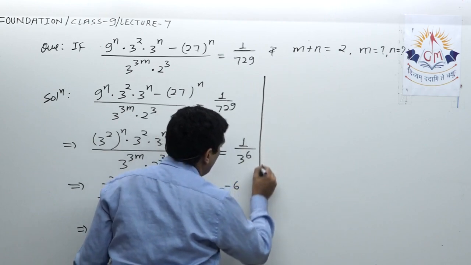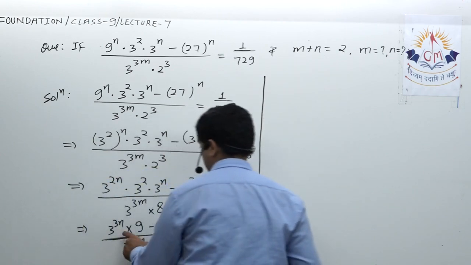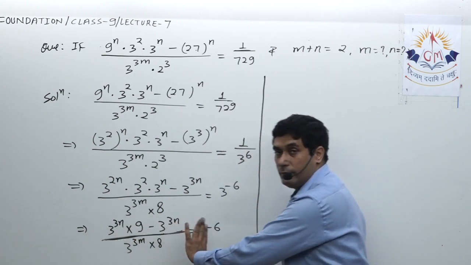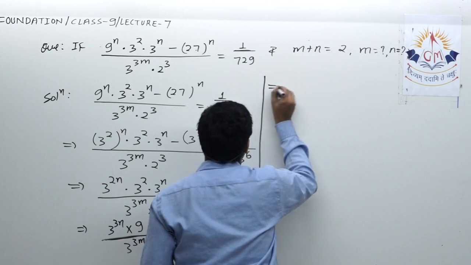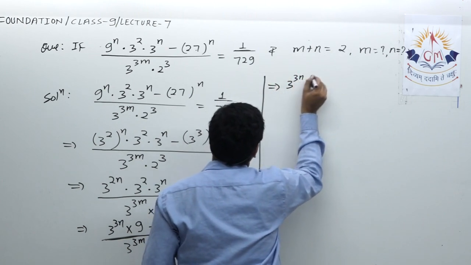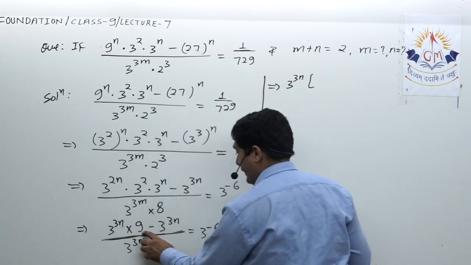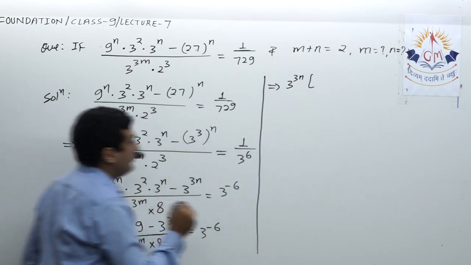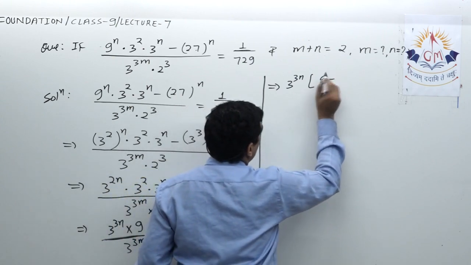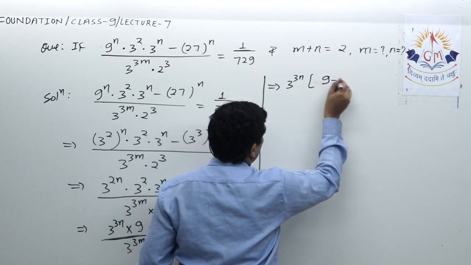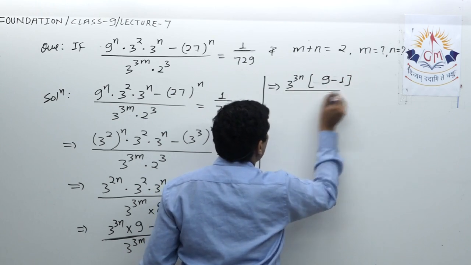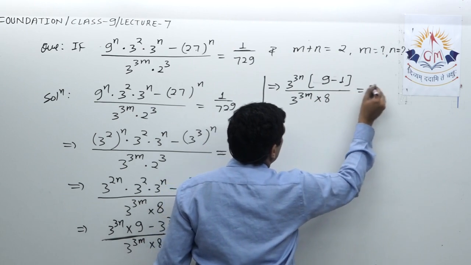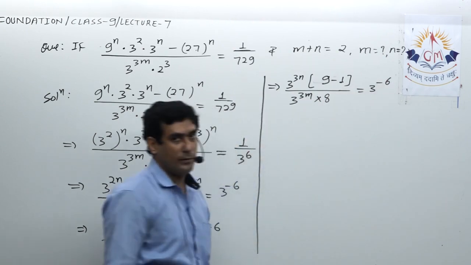Okay, now I'll solve it further over here. This is 3 raised to 3n, this is 3 raised to 3n, that 3 raised to 3n can be taken common. So I am taking 3 raised to 3n common, so what I am left with is 9, and see, if I take 3 raised to 3n, I will be left with 1 only. So here I will get 9 minus 1 divided by 3 raised to 3m into 8 is equal to 3 raised to minus 6.